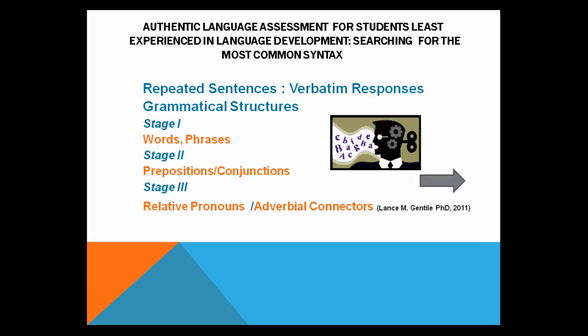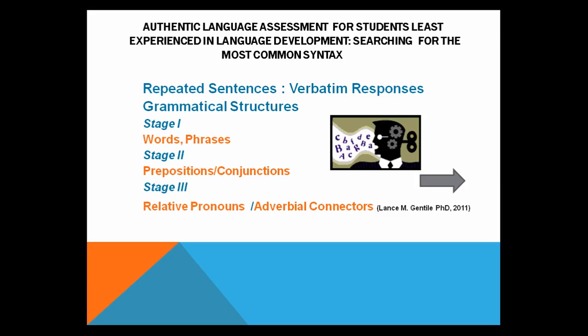The students that we're wrestling with, who come to this country early on or in later years, have tremendous difficulty with the work that is assigned to them because they do not control what I've called the most common syntax.